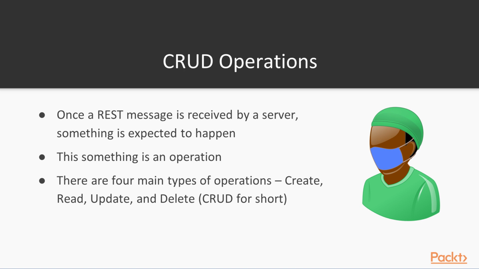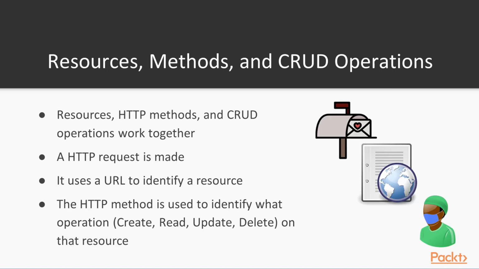Once these methods and a resource have been identified, the server will respond by invoking an operation. An operation can do a variety of different things, but typically they're broken into four main categories: create, read, update, and delete. We call that CRUD for short. We find that these three concepts work together. In a REST API call, a resource will be identified, a method will be selected, and that will result in an operation.